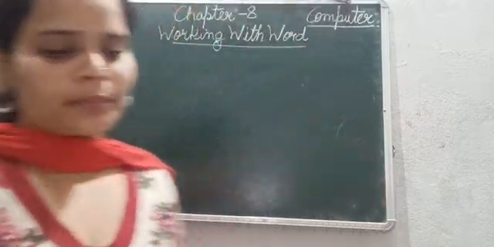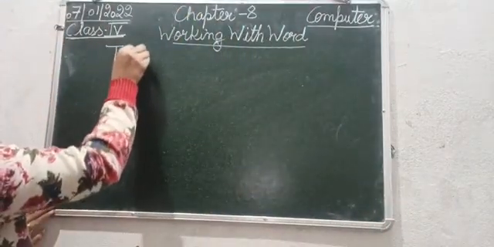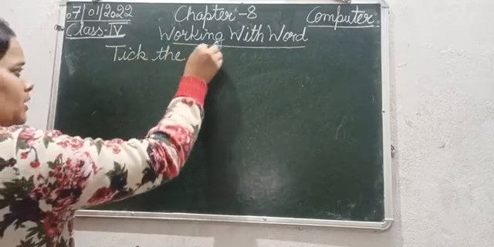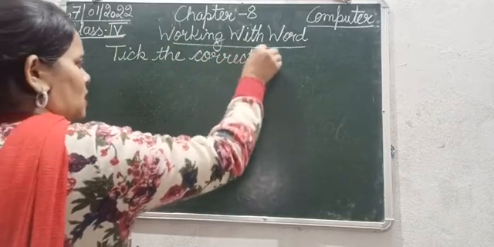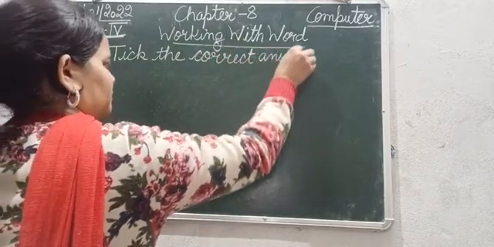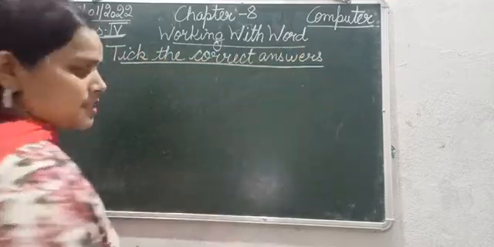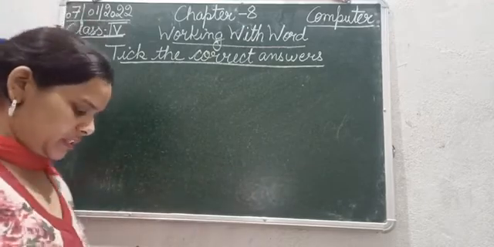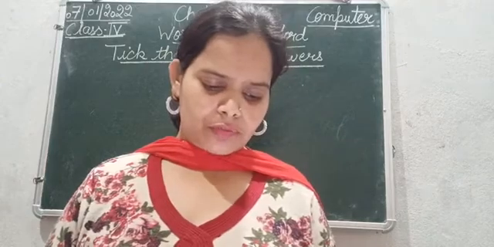The first one in the back exercise is tick the correct answers. Okay, this is tick the correct answers. So the first question is, double clicking on a word will select.